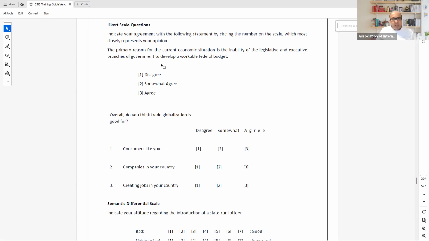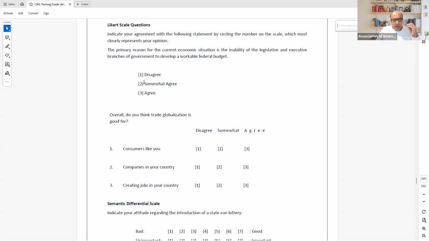A Likert scale example is: the primary reason for the current economic situation, you can read this, is that the legislative and executive branches of government fail to develop a workable federal budget. Agree or disagree. So these could have been easily answered if you agreed or not. But there would be a group of people that would say that they somewhat agree. Because it is not a descriptive question, it has got to have some of these variables to give a definitive answer mixed together.